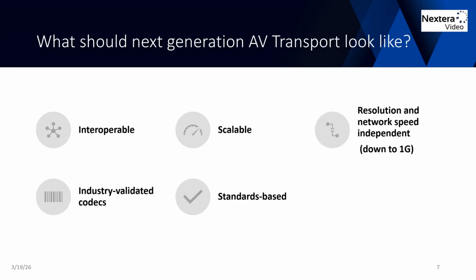So this is one of the things that we're trying to address with a next generation video over IP system: how do we make something that's scalable, interoperable, using industry validated codecs, not something that's tied to a particular vendor, and standards based, right? So there's lots of benefits of working with standards over custom implementations, which we'll talk about.